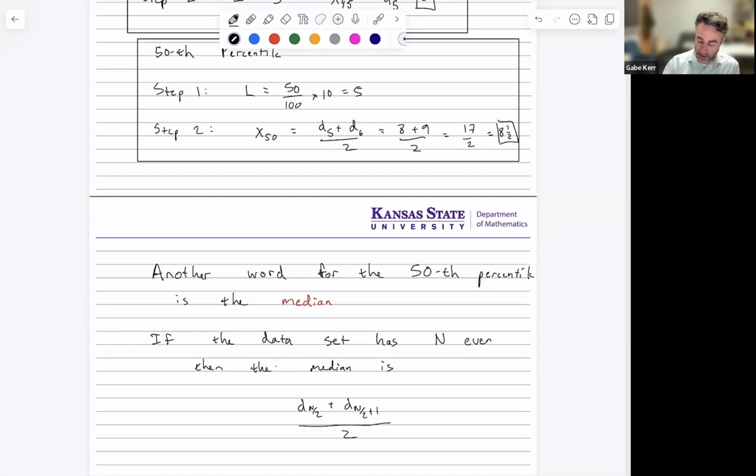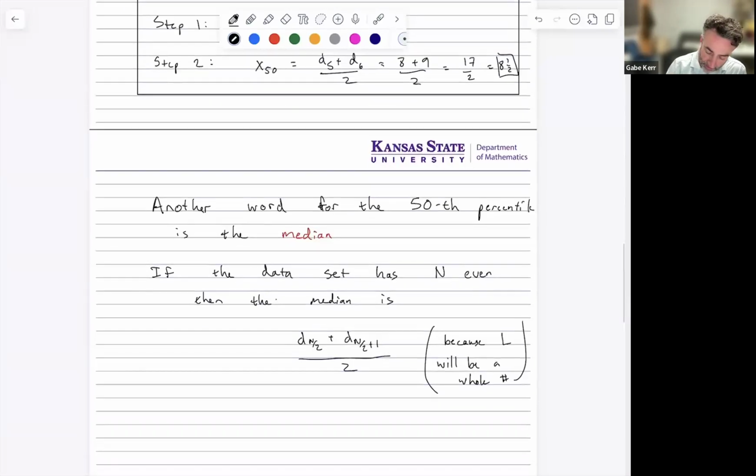In other words, that locator L will be a whole number. On the other hand, if it's odd, L will not be a whole number.